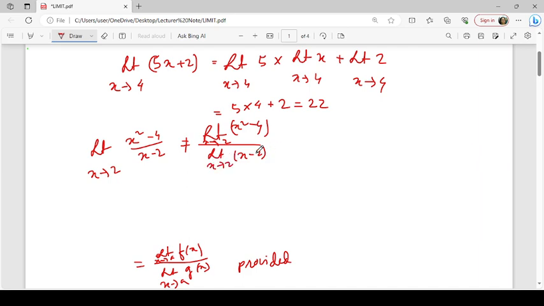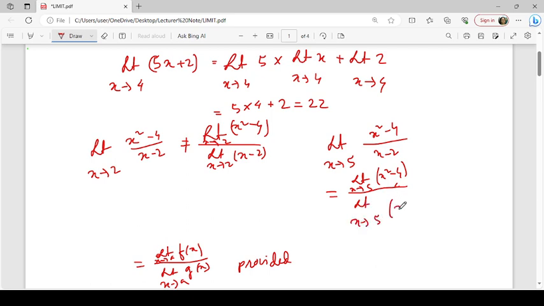We cannot write this. But we can write the limit as x tends to 5 of (x square minus 4) by (x minus 2) as the limit of x square minus 4 by the limit of x minus 2, as x tends to 5. We can write this one because the denominator limit is not equal to 0, but we cannot write the other one. This is the limit.